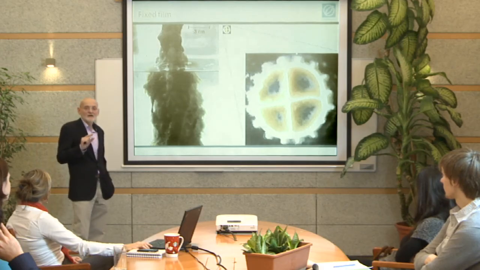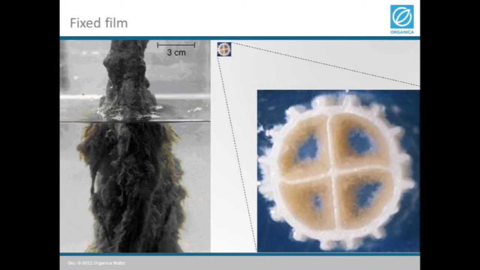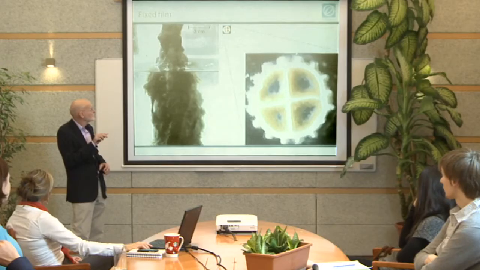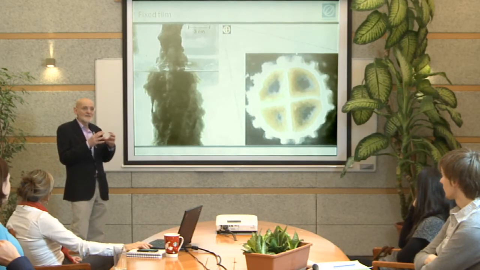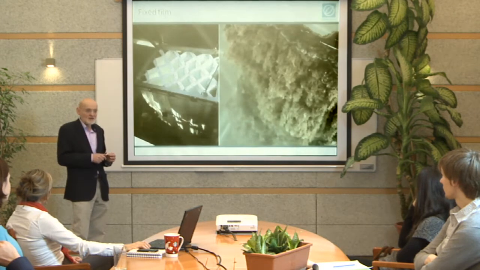And these are components that would be called moving bed bioreactors. So you throw in a lot of these little plastic discs, and after a while the bacteria will grow on the inside of the disc. The illustration here is the difference in the mass as well as the structure in this biofilm.